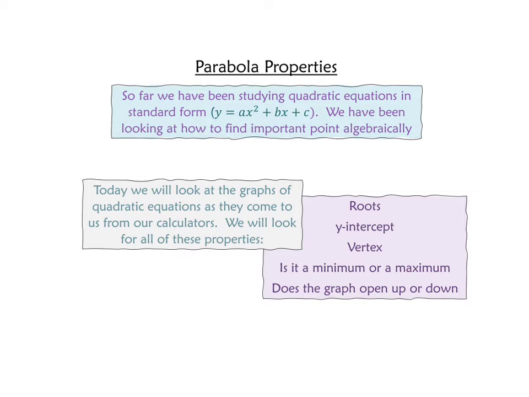And we've been looking at how to find important points algebraically. Today, we're going to look at the graphs of the quadratic equations as they come to us from our calculators. And we will look for some of these properties: the roots, or the x-intercepts, the y-intercept, the vertex, the very top or the very bottom, and whether that vertex is a minimum or a maximum. Does that graph open up or does it open down?